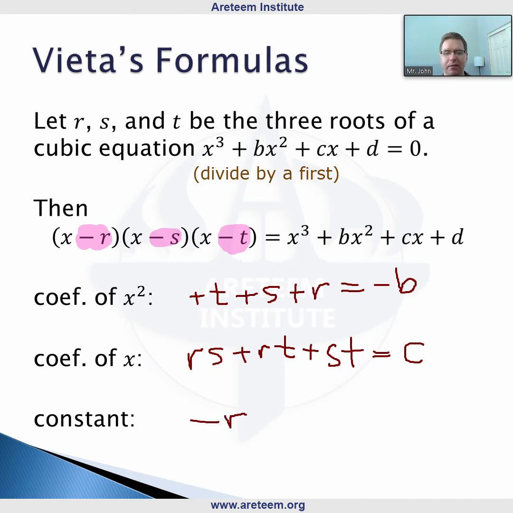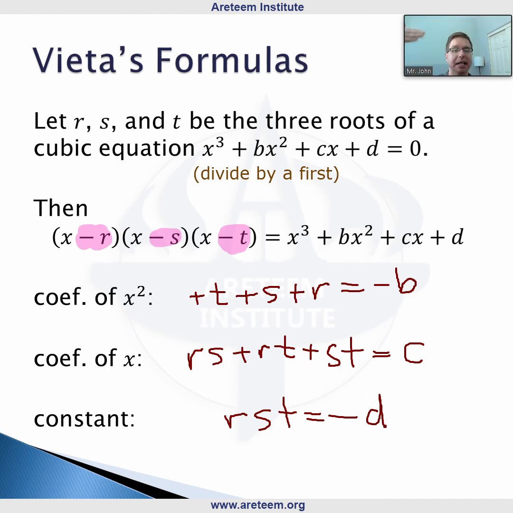So we have negative rst is equal to d. And then moving that negative over, we of course just have our rst is negative d as we needed in that case, right? So that gives us our value that we want there.